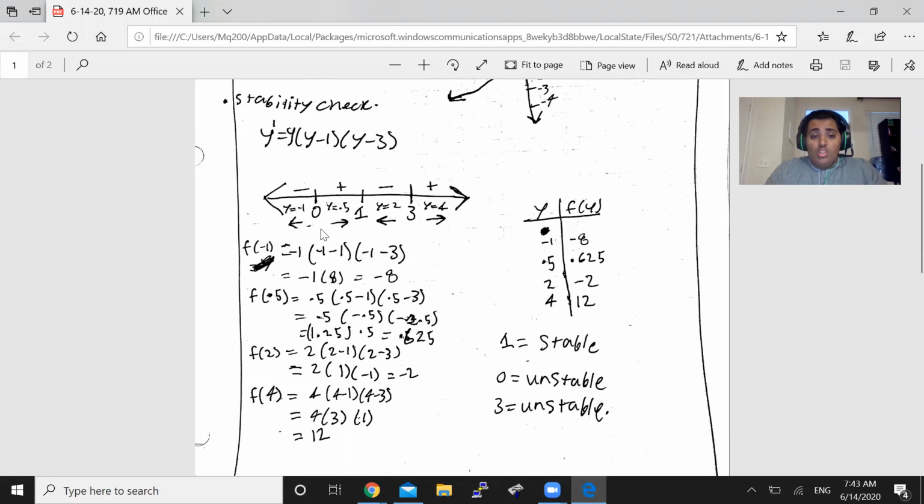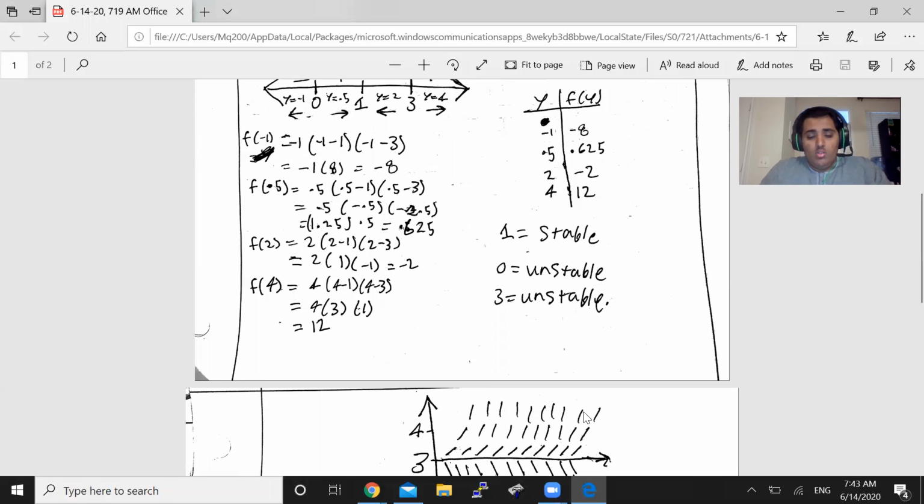But if it's going toward it, that's stable. That's as far as the definition goes, I think. As you can see here, it's moving away from 0 and away from 3, but it's going toward 1. That tells me that 0 and 3 are unstable, but 1 is stable.